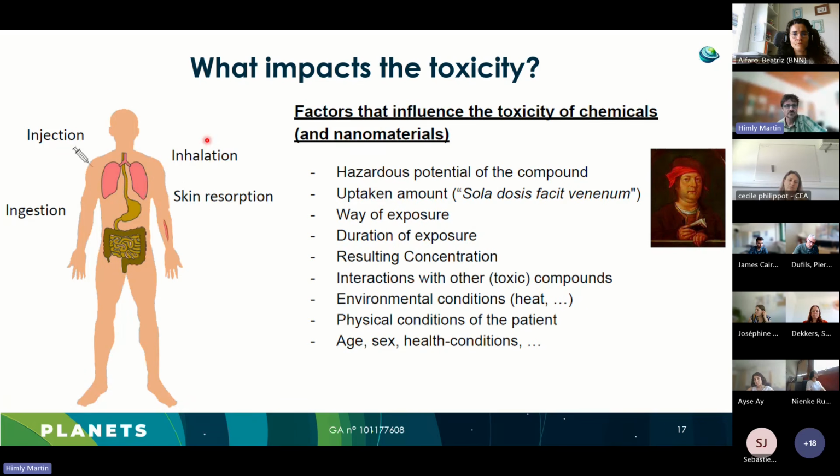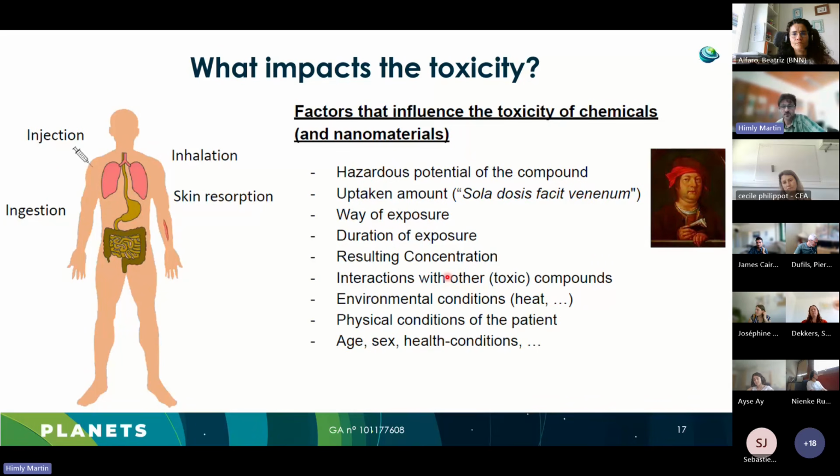So the inhalation route is a quite prominent route for that reason, for example. The way of exposure, the duration of the exposure, and I have mentioned already the acute versus the chronic exposure. And there are very important issues in terms of the resulting concentration at the organ that is affected.